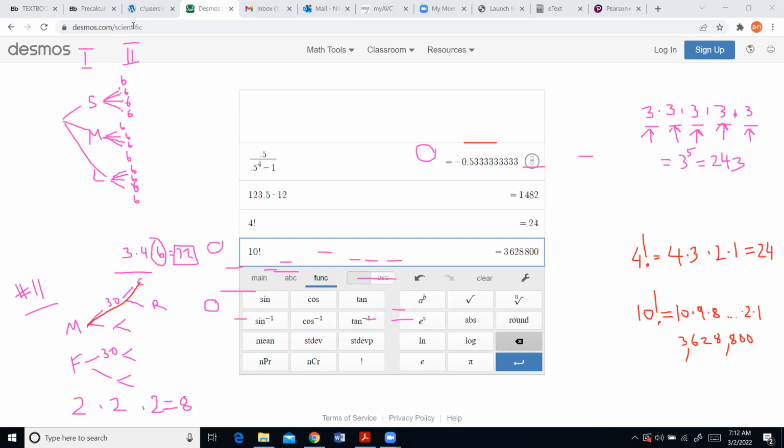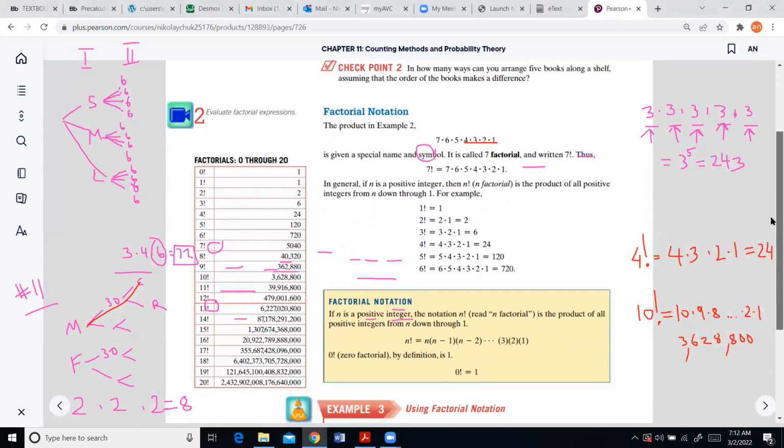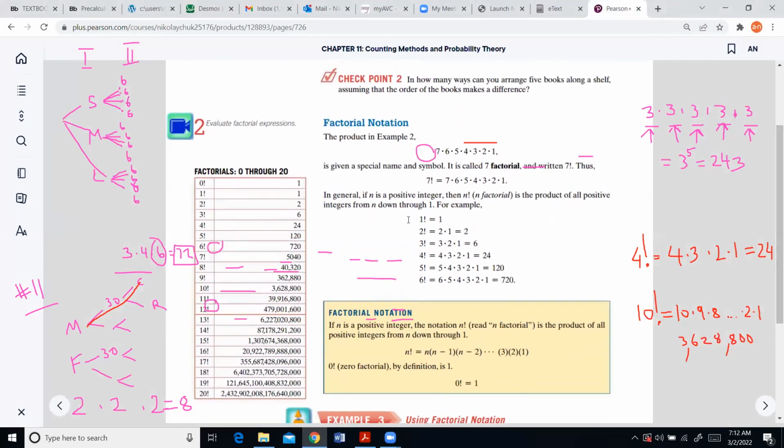And of course, you can double check this with the little diagram they have here on the left side. So if you can consider this diagram with 10 factorial that I just circled on the left, you will see indeed it's 3 something million. You will also see that the factorials, they increase tremendously fast.